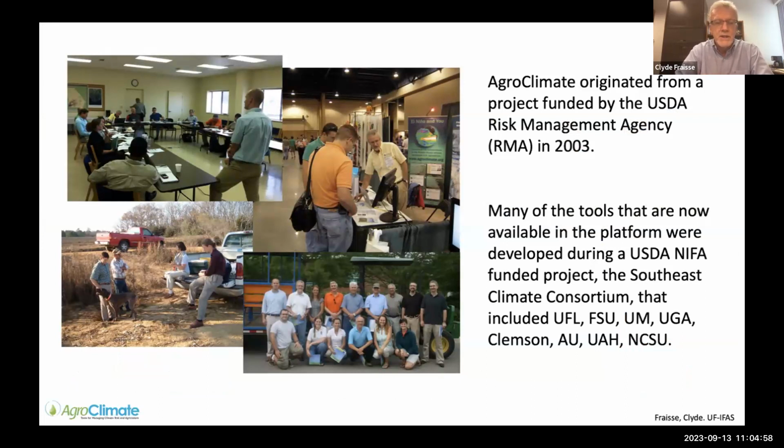And it was a project that was funded by the USDA Risk Management Agency, RMA. And the idea at the time was they had a program that would fund decision support tools for commodities that were considered underserved by crop insurance. And that's how AgroClimate started. We were primarily working with specialty crops.